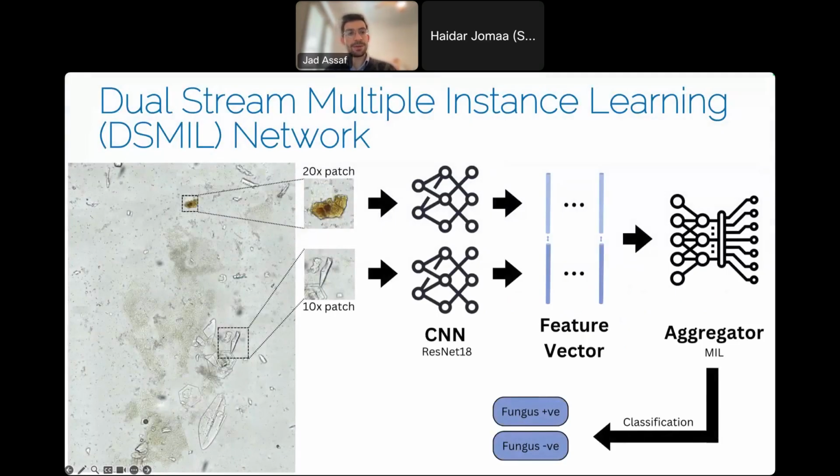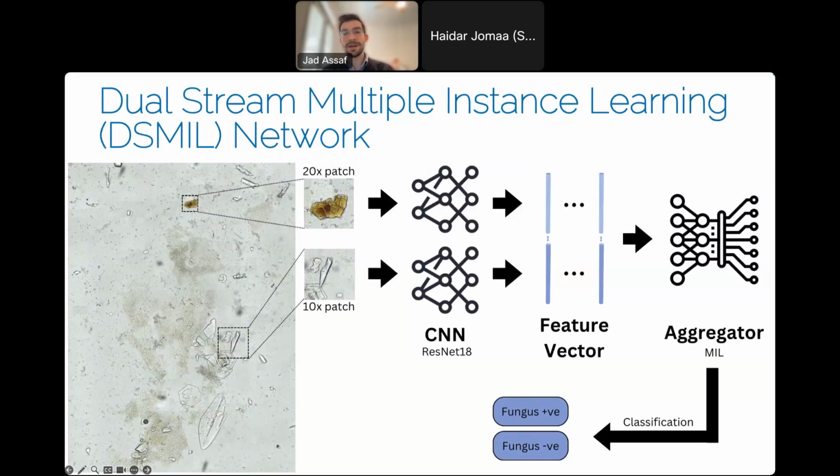Essentially, I took the whole slide image, I cut it into non-overlapping patches at multiple magnifications, so at 20x magnification and at 10x magnification. These two magnifications help us get enough resolution as well as enough gross morphology from the slide. We fed these into a feature extraction encoder, which is in this case a ResNet 18 that I trained using contrastive loss.